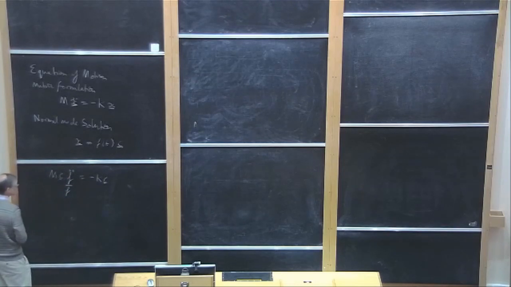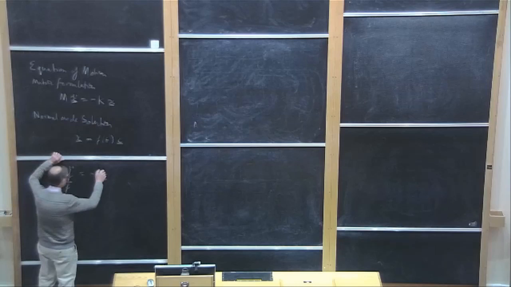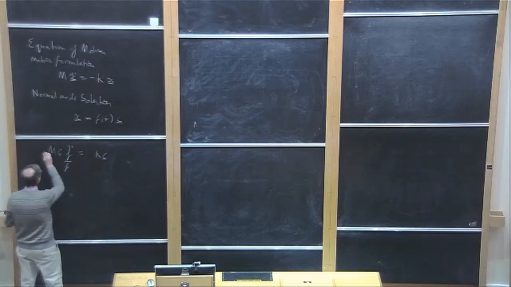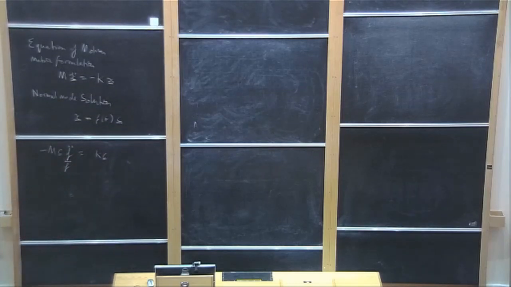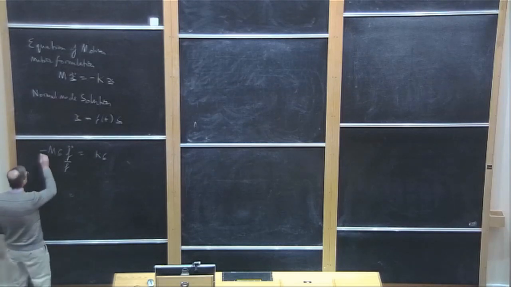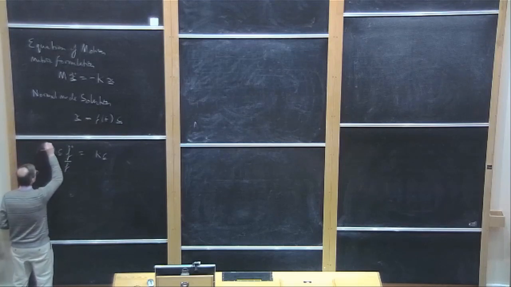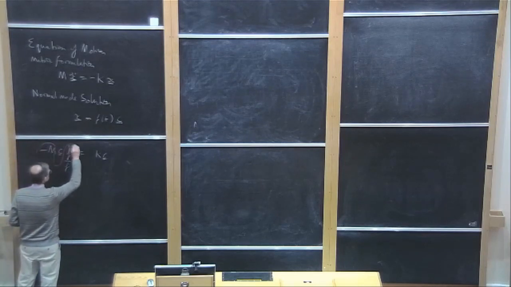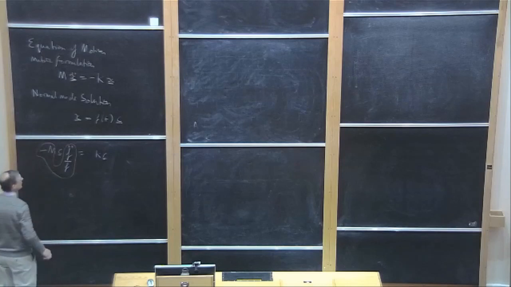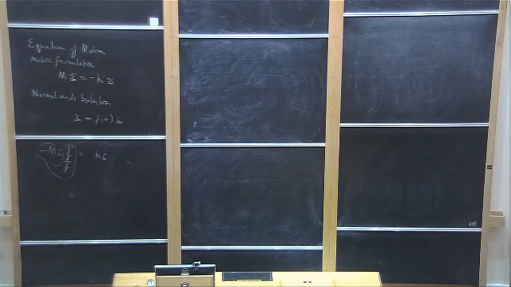And what we now see is, and I'll take the minus sign over the other side as well, we have matrix K multiplied by vector c is that lot multiplied by c.